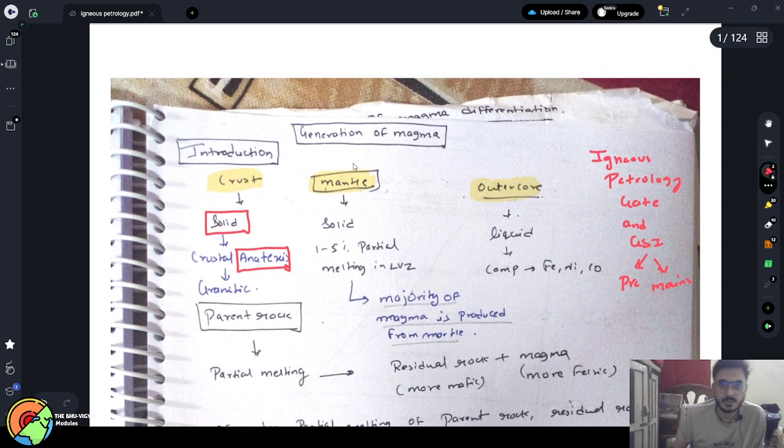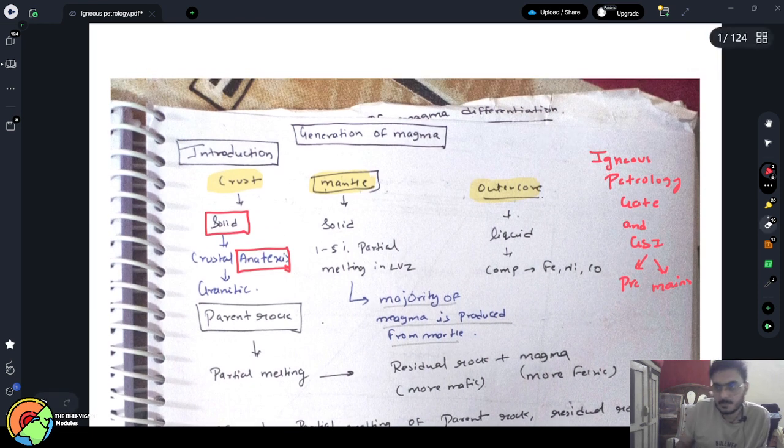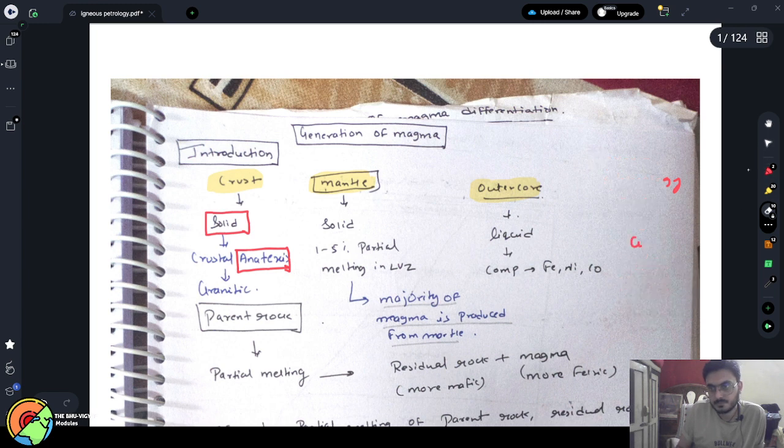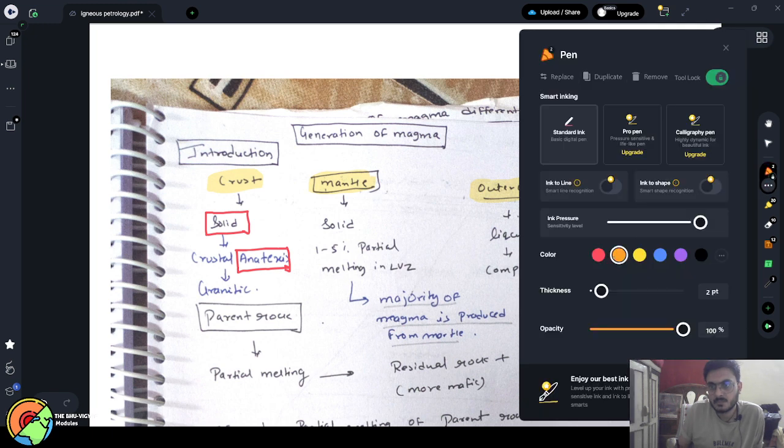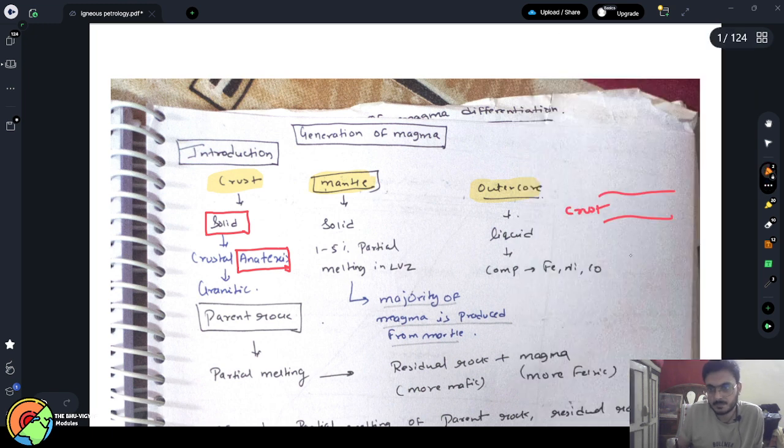Suppose this is the crust here, and from beneath, magma is coming like this. So what will it cause?